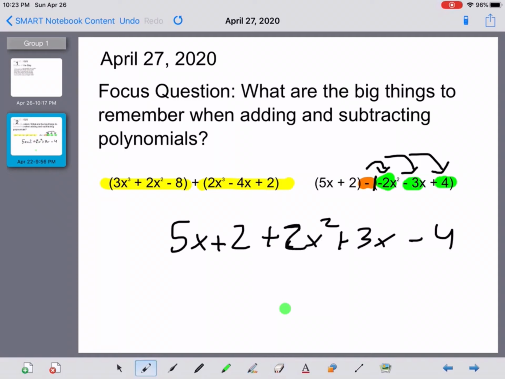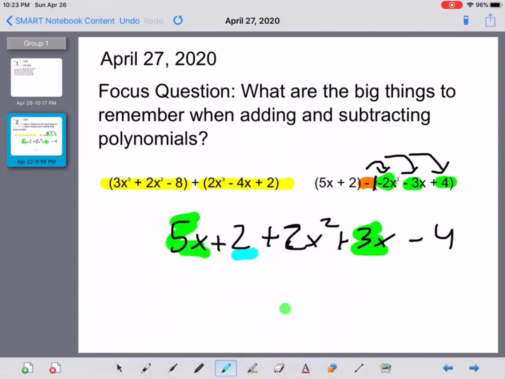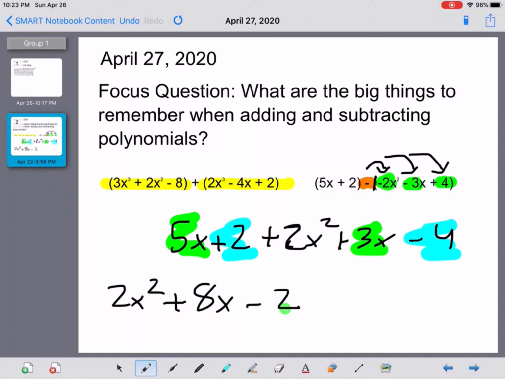Then remember, we're just going to combine them and put them in normal form. As I write this in normal form, the highest degree term is 2x squared. I combine 5x and 3x, that's plus 8x, and then 2 minus 4 is negative 2. There you have it.